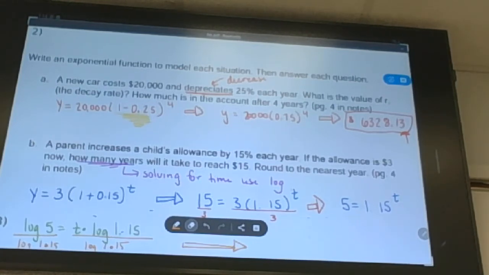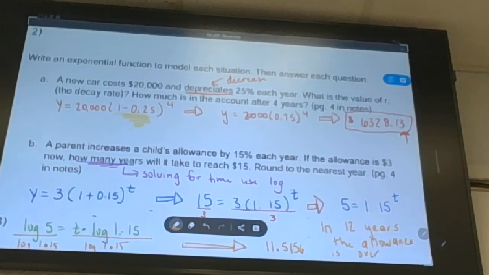Log 5 divided by 1.15. It takes 12 years. That's not bad.